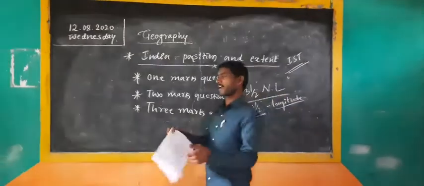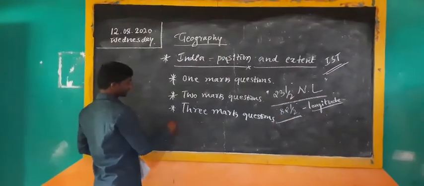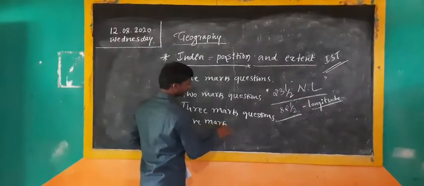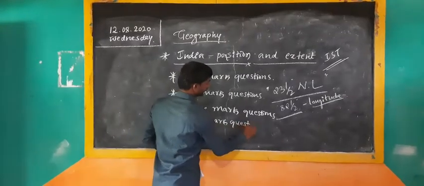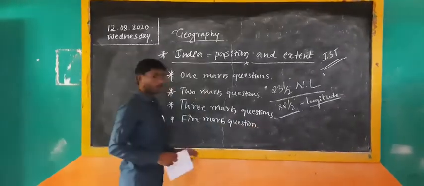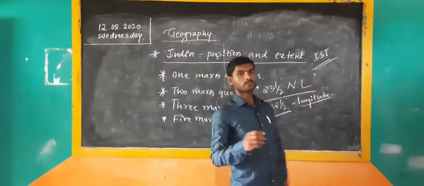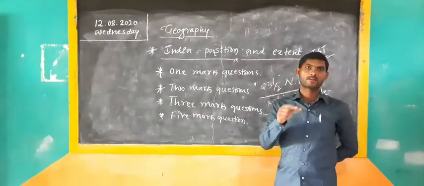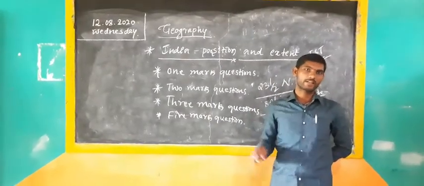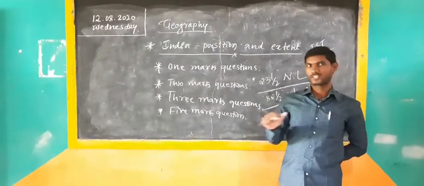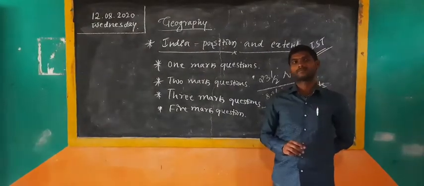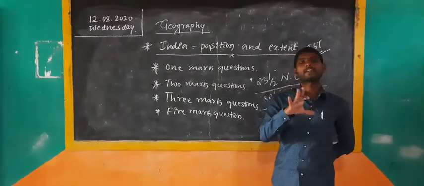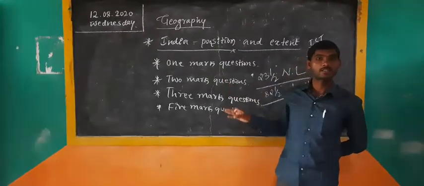Yes, the last and final one, that is the 5 mark question. Only one question is there. Draw a neat outline map of India. You should draw the outline map of India on a paper. In that Indian map, you should mark these places.